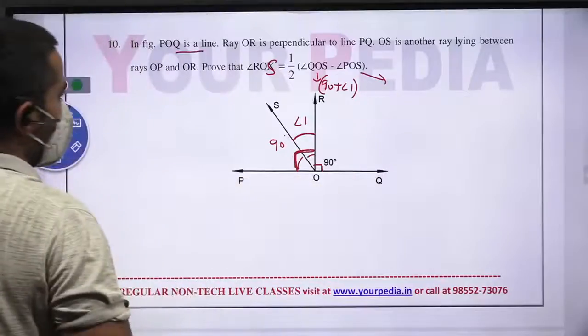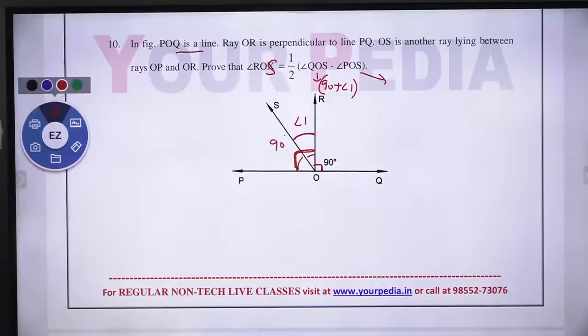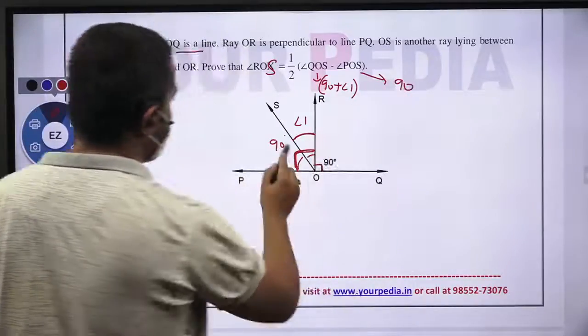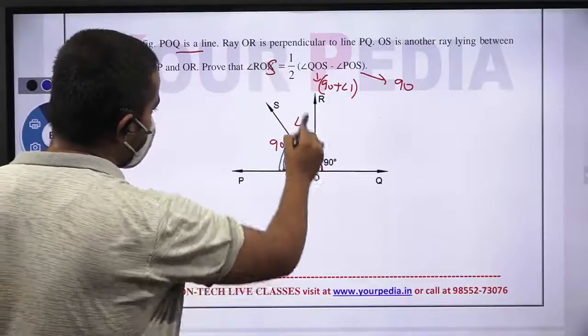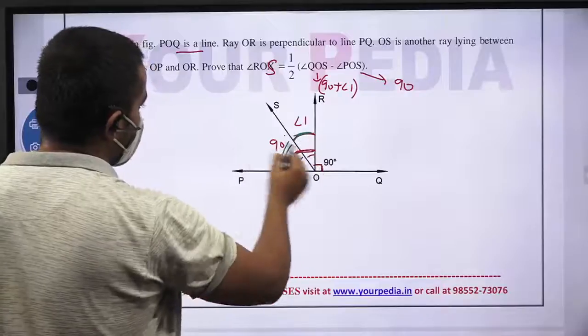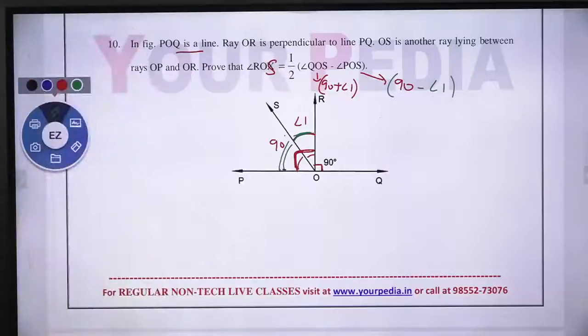And angle POS, how much is angle POS? That is 90 minus angle 1. Please check. So angle POS will be how much? The total is 90, this is angle 1, so 90 minus angle 1. Yes or no, students? So this will become like this.